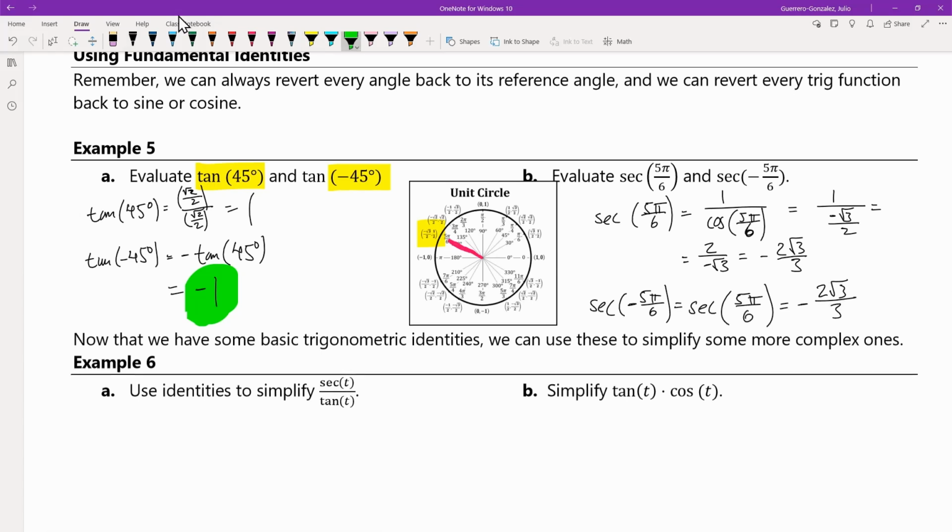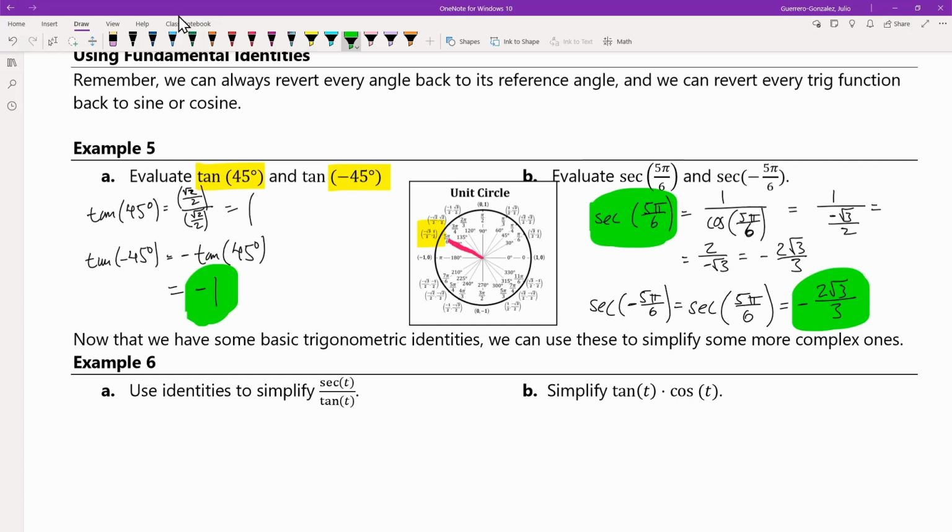We are done. So basically, instead of finding secant of negative 5 pi over 6, we just found secant of 5 pi over 6. And since we knew it was an even function, it's equal anyway. We are done.